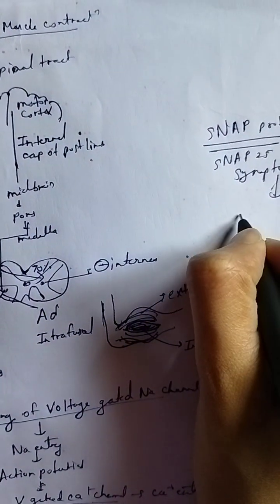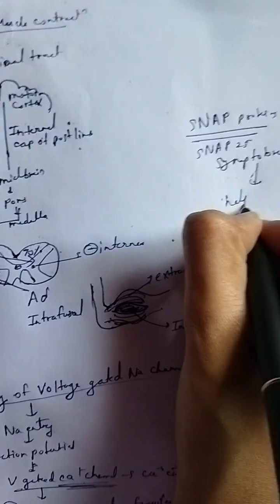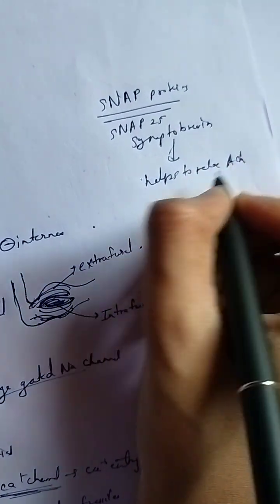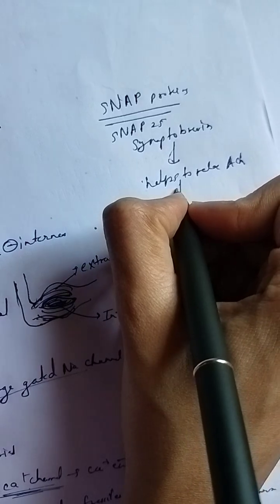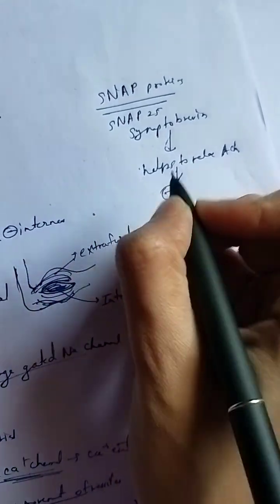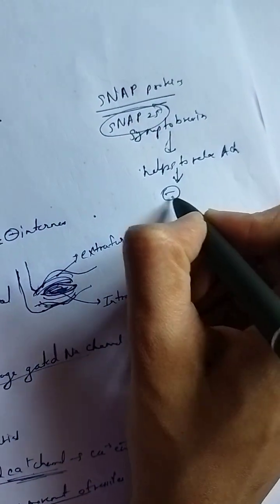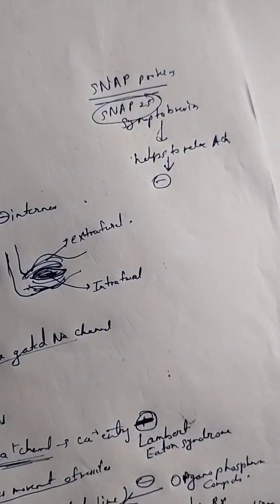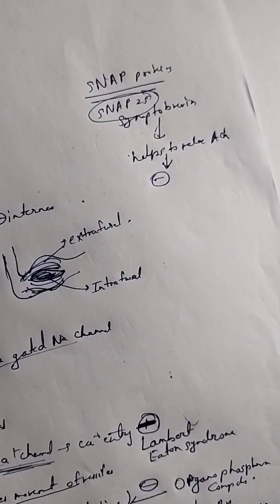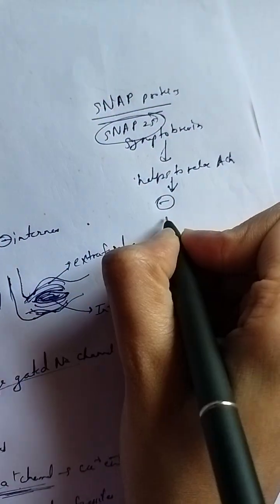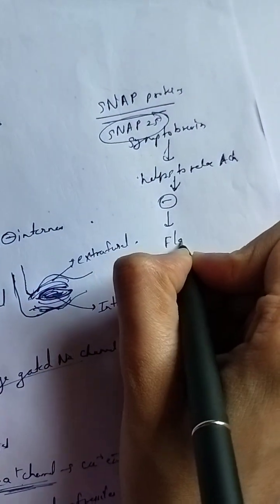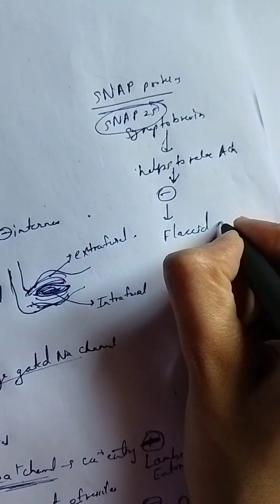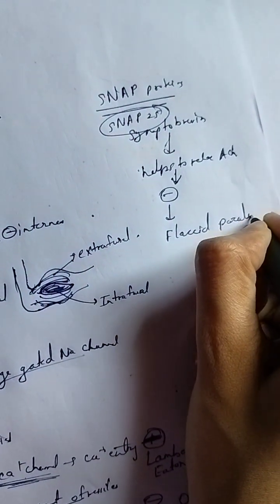These proteins help to release the acetylcholine. If SNAP proteins are inhibited, then there is no release of acetylcholine, so flaccid paralysis of the muscle occurs.